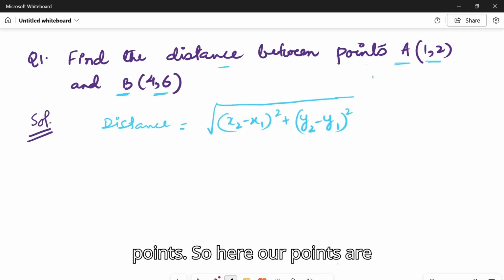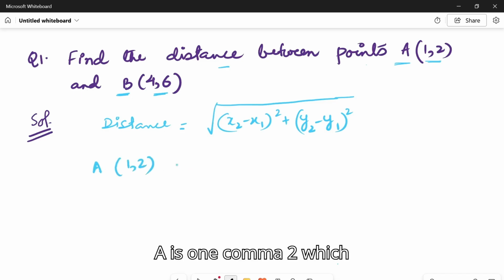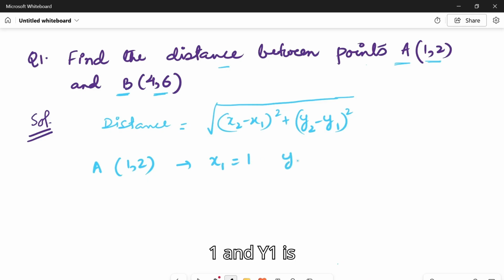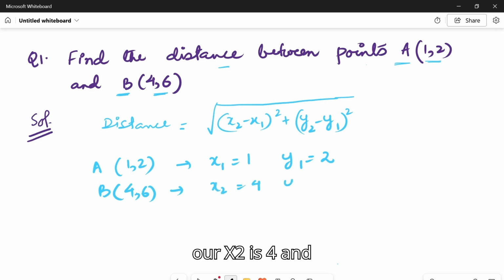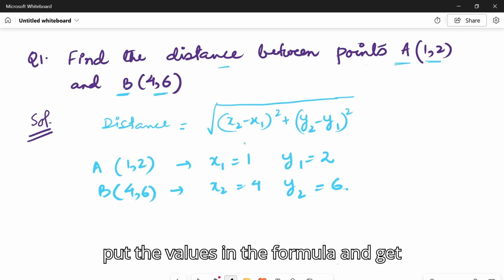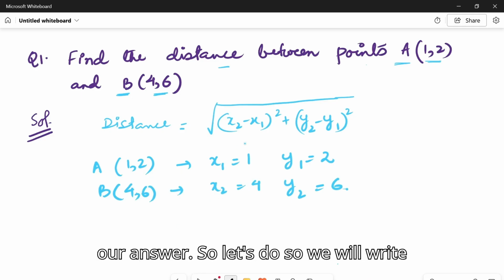Here our points are A and B. A is 1, 2, which means that x1 is 1 and y1 is 2, and B is 4, 6, which means our x2 is 4 and y2 is 6. So we will put the values in the formula and get our answer.